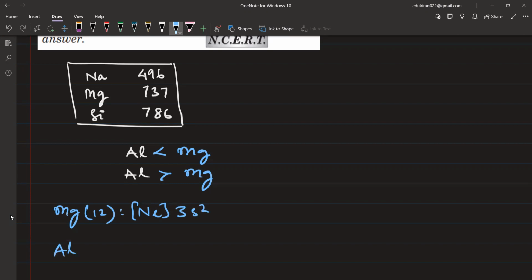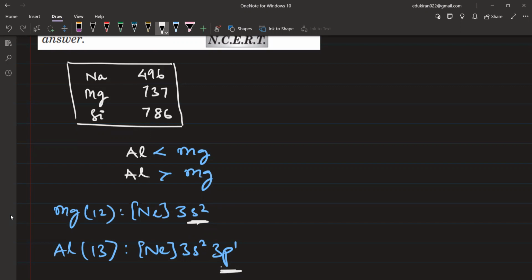And aluminium is 13, so it will be neon 3s2, 3p1. Now tell me which will be easier to remove an electron from, the s subshell or the p subshell? The p subshell, right. Fatima, I think you said s initially, but it will be p.